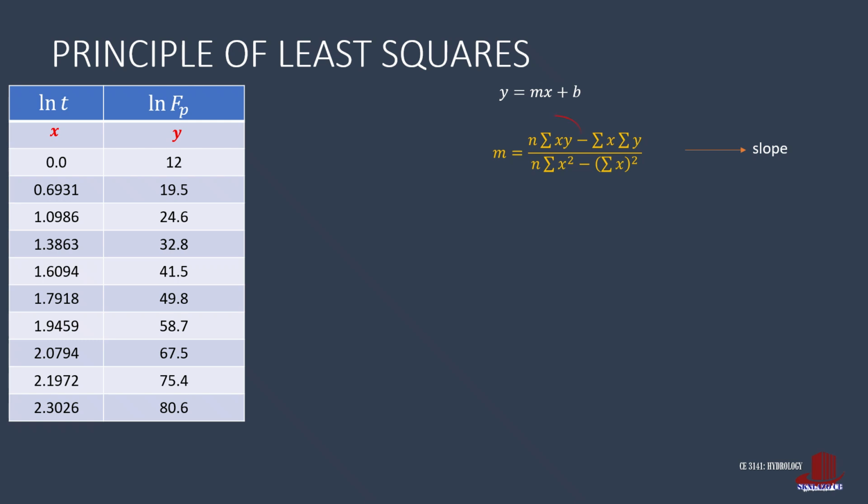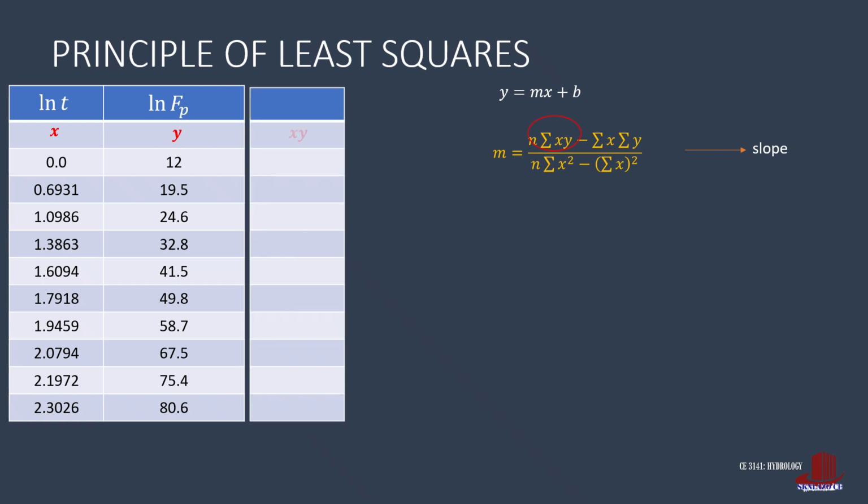From this equation, there is summation of xy, which means we can place another column to solve for xy, and eventually take their summation later. For this example, xy starts with 0 times 12, which is 0, all the way to the bottom with 2.3026 times 80.6, which is 185.5896.